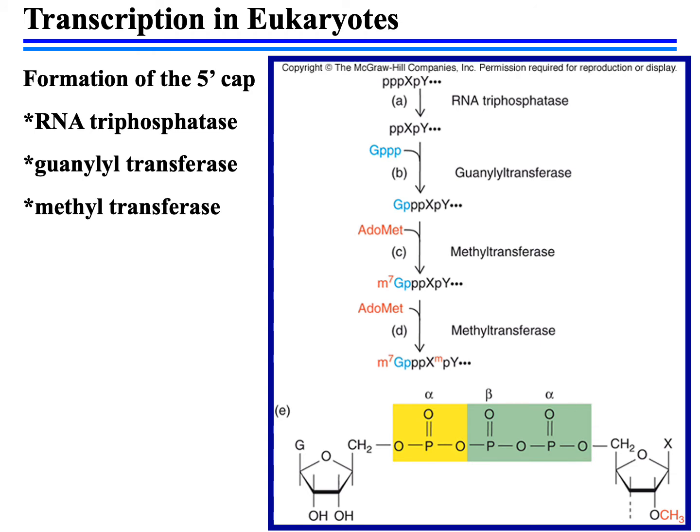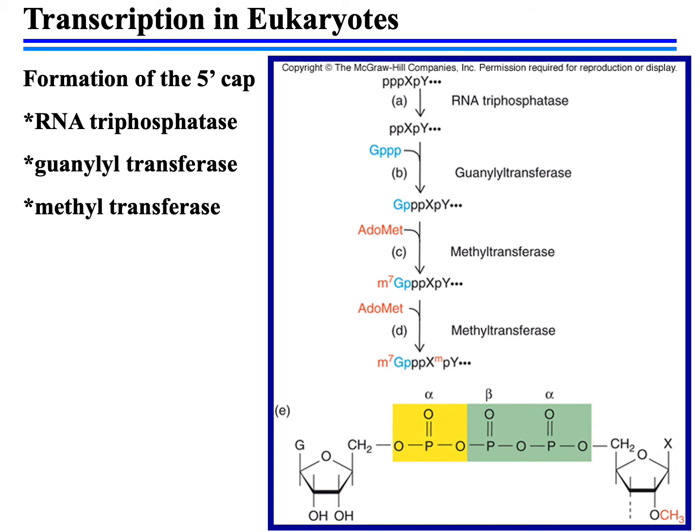for all messenger RNAs. The next enzyme to play a role in this process plays a role twice, in steps C and D. This enzyme is known as methyl transferase, and as its name implies, transfers a methyl group to specific locations on this cap structure.